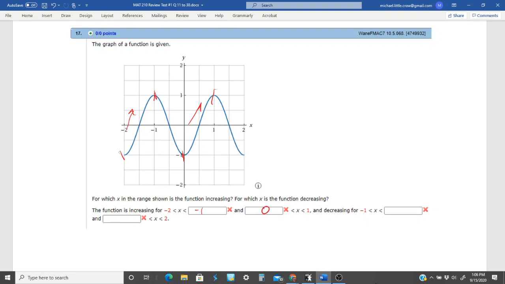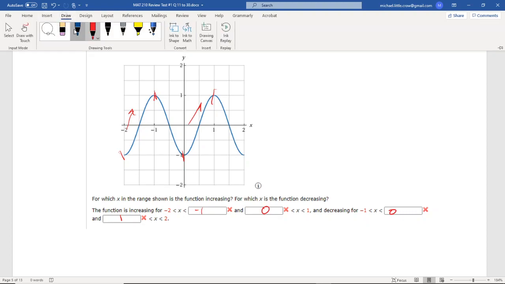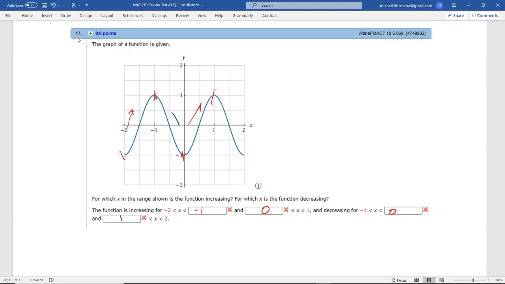It's decreasing from -1 to x equals 0, and then from 1 until 2. So we would have decreasing here, decreasing here. So those are the boundaries. I think that's all they ended up asking.